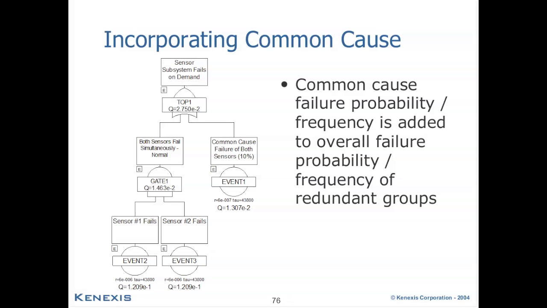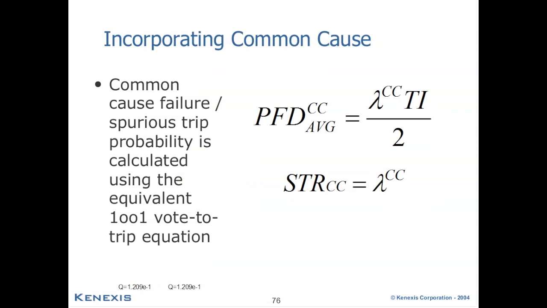Once you have established this common cause factor, incorporating it into the analysis is as simple as applying it once all the redundant groups are considered. And in terms of calculating this in terms of PFD average and STR, you will take the common cause failure rate and use the equivalent 1 out of 1 vote-to-trip equations for both PFD and STR in order to calculate this value.